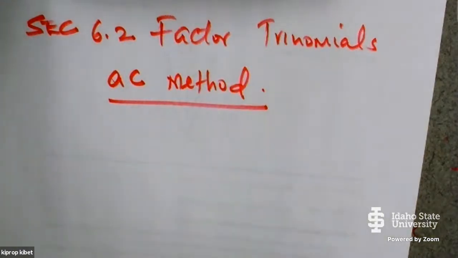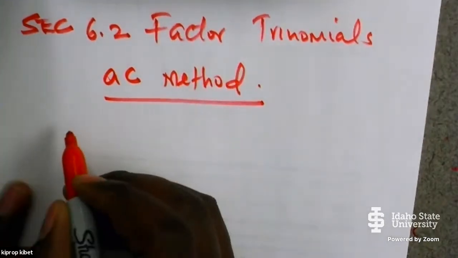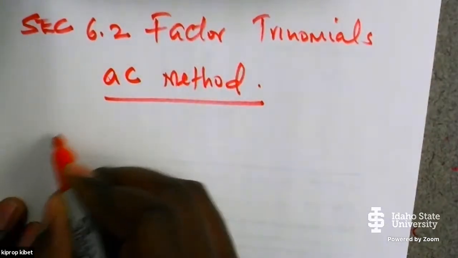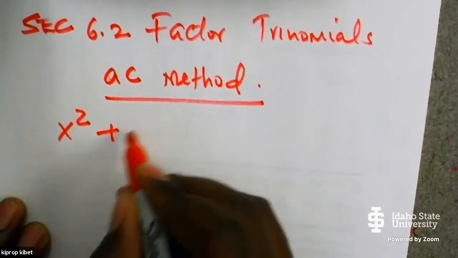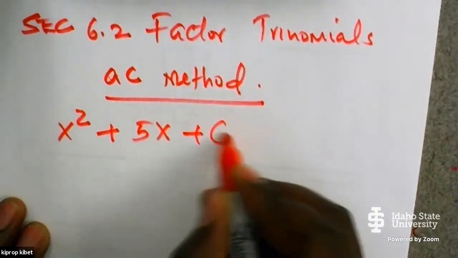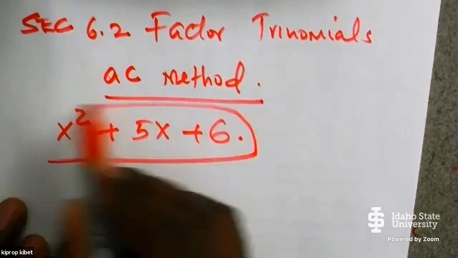A trinomial is of the form, let's say, x squared plus 5x plus 6. So this is a trinomial.